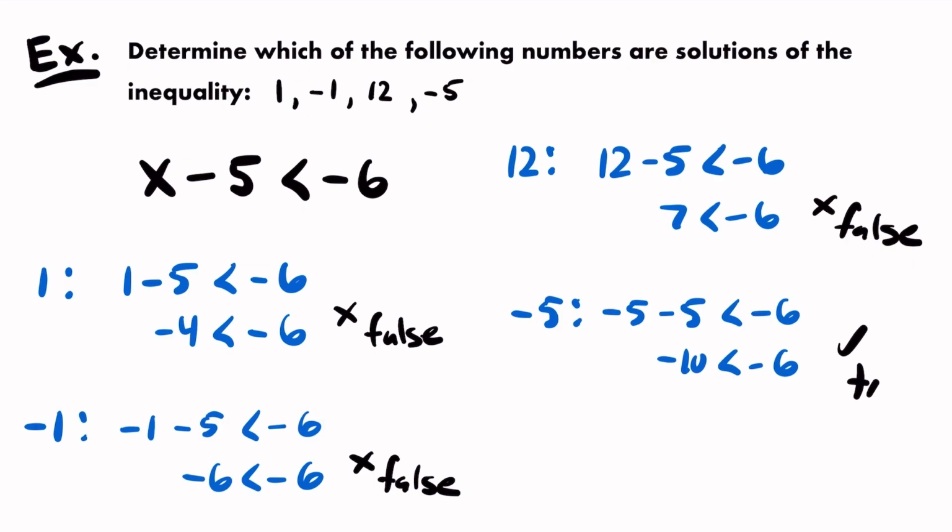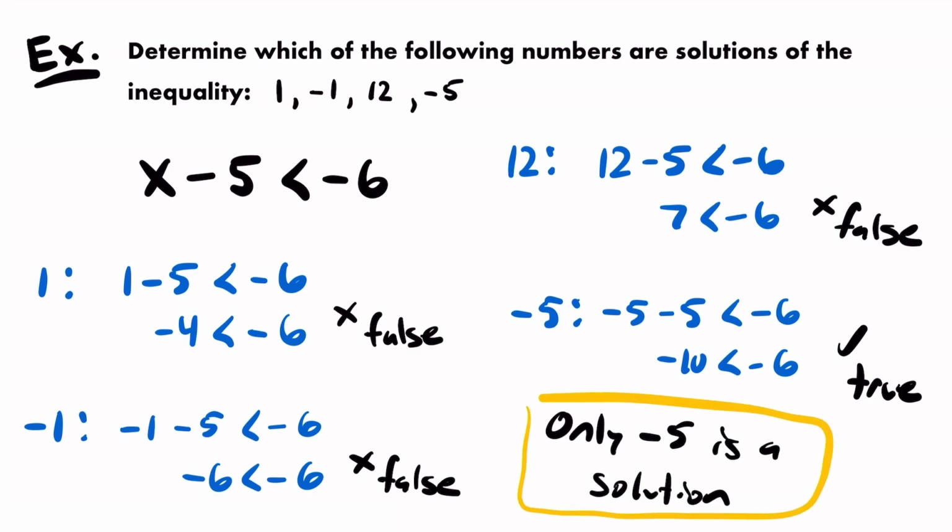So that statement is true, indicating that -5 is a solution to this inequality. It would be included in the solution set. All right, so my final answer here is that of these four numbers that we have been given to test, only -5 is a solution. That's what we have found here for this example.